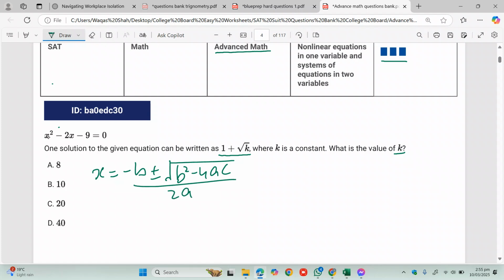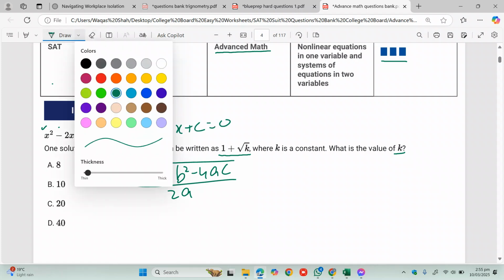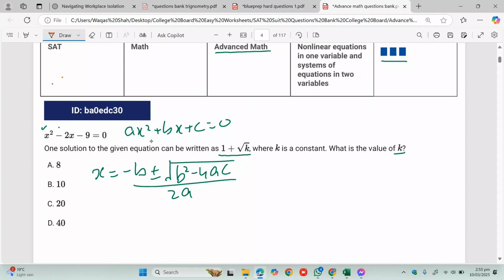Now from here, if you compare this equation with ax squared plus bx plus c is equal to 0, you can see that a is equal to 1, b is equal to negative 2, c is equal to negative 9.